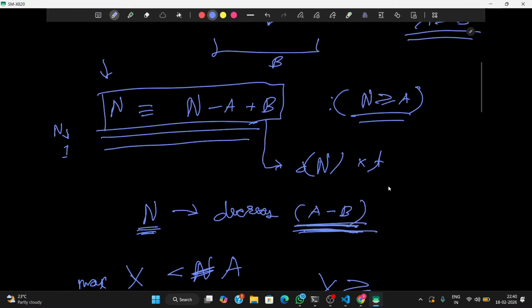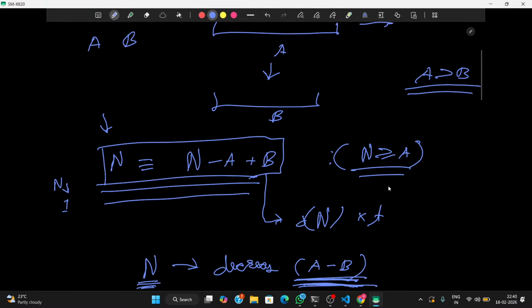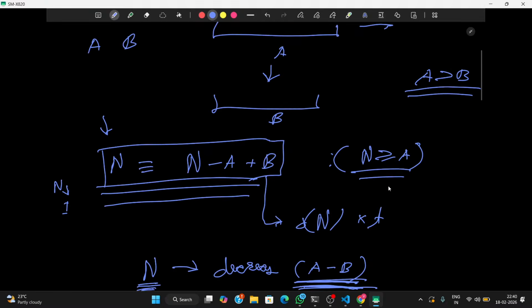This is the math solution. You can try to implement it. Otherwise, the brute force of course always works.